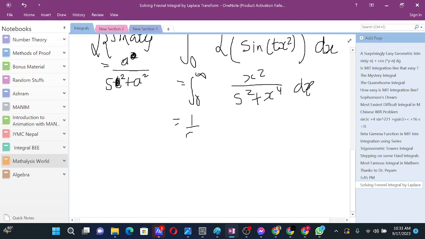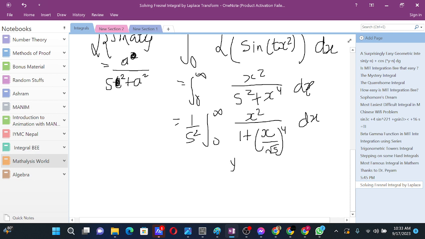This will be 1 by s square, and then the integral from 0 to infinity of x square by 1 plus (x over root s) to the power 4, and then dx. Now we can let y be x by root s, and that will give us dy root s as dx.